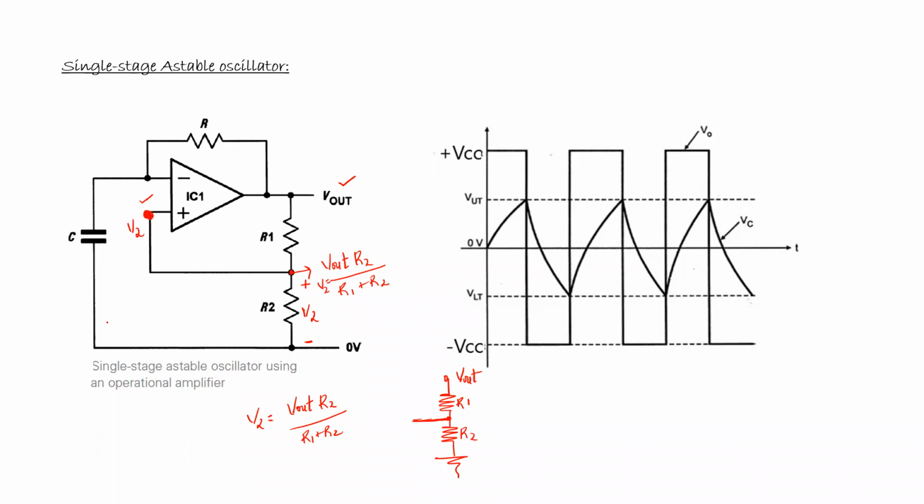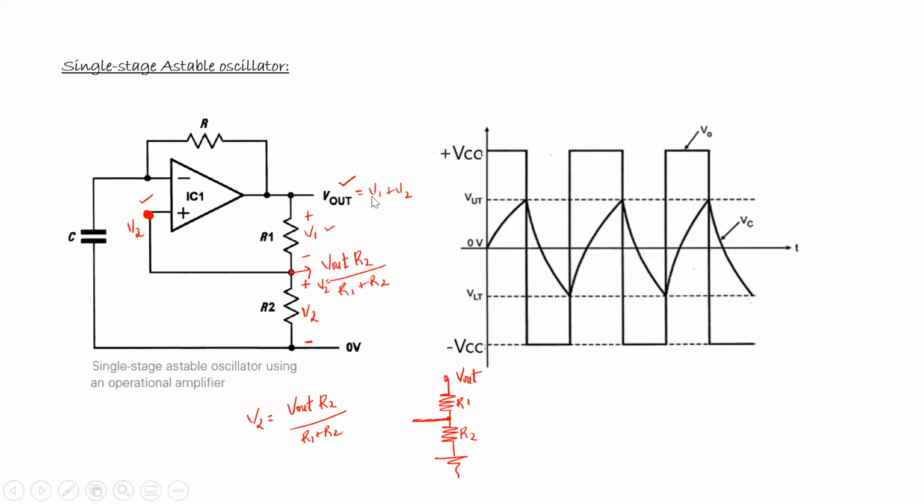V1 is the voltage drop across R1, V2 is the voltage drop across R2, and V out is V1 plus V2. So I'm just taking a part of V out and giving it back to the non-inverting terminal.